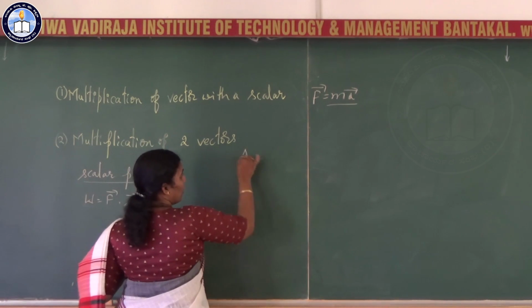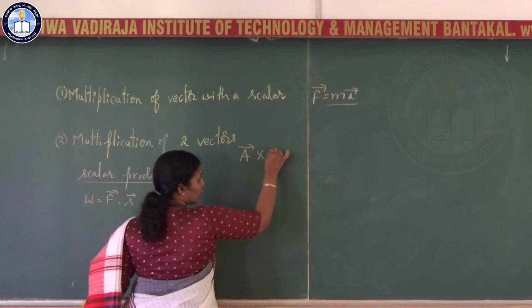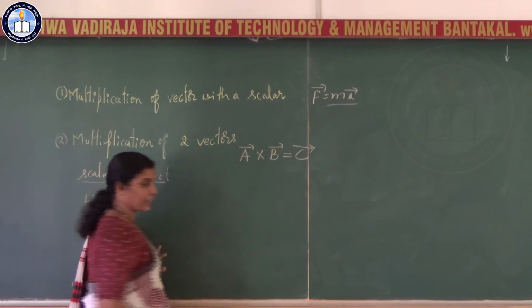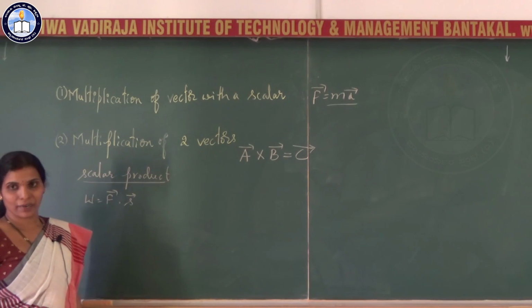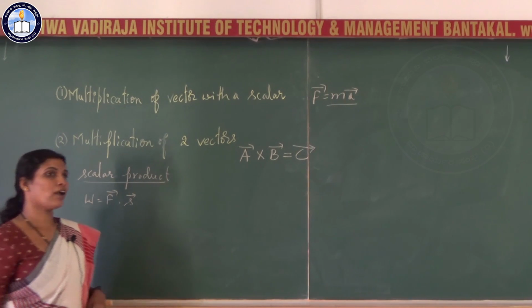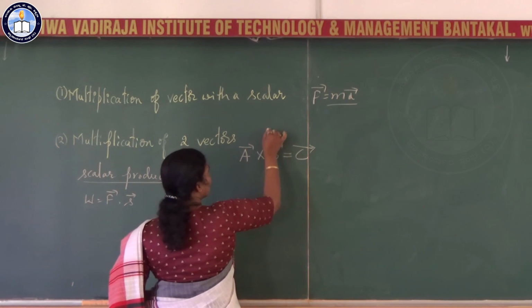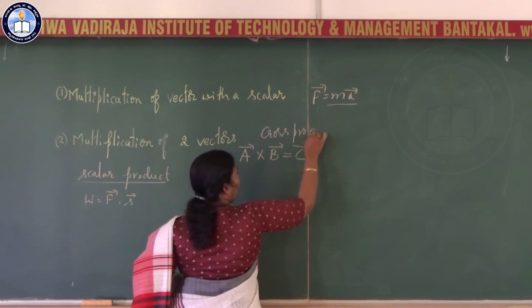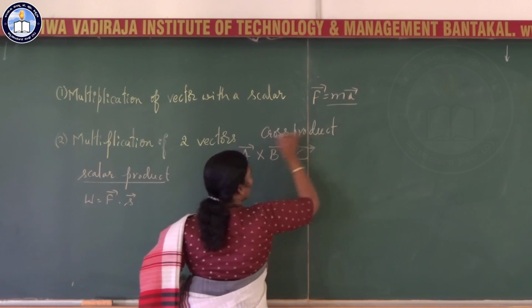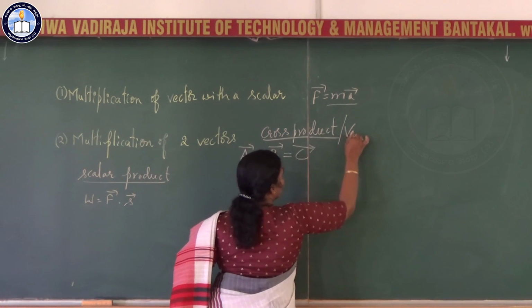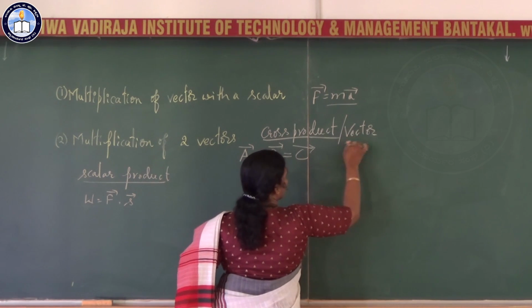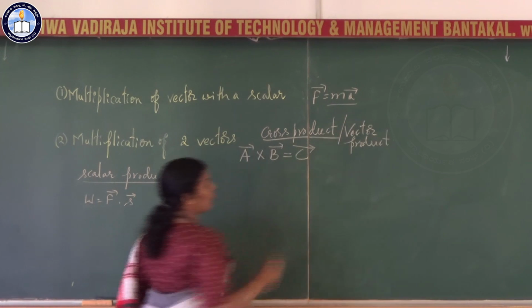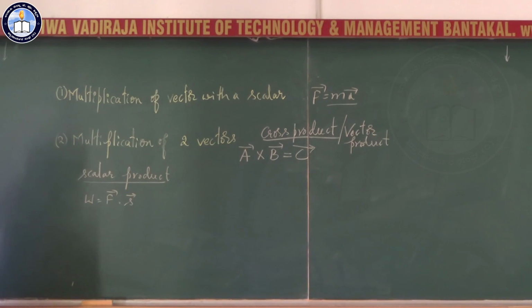Such a multiplication or product, we call the cross product, or we also call it the vector product.